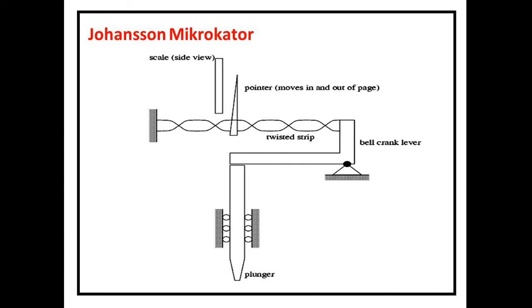Again I will tell you what is happening. The same principle is used. This is the plunger. Whatever the input signal is here has to be magnified with the help of this pointer. Now how it takes place, we have to see.